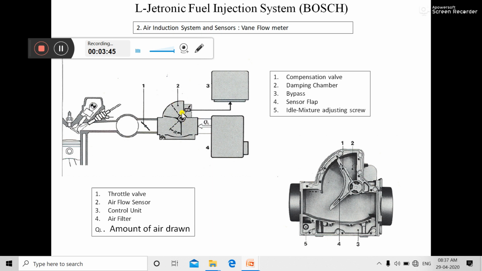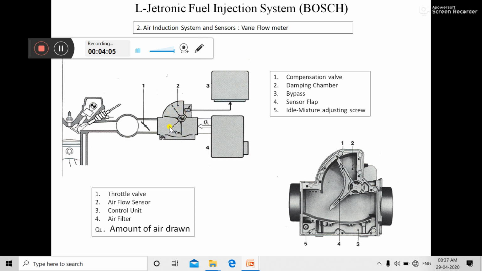As we have seen already, the vane meter has a potentiometer in it. This is the angle through which the vane meter oscillates. This is alpha, and the value of alpha has a minimum and maximum level.